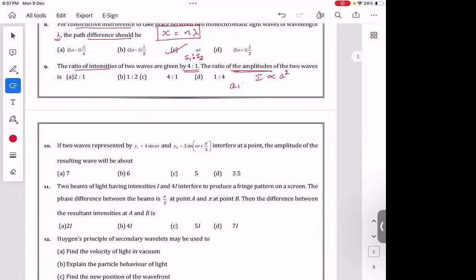So the ratio of the amplitudes A1 by A2 is root of I1 by I2, which is root of 4 by 1. Root of 4 by 1 is 2:1. So the ratio of the amplitudes is 2:1.